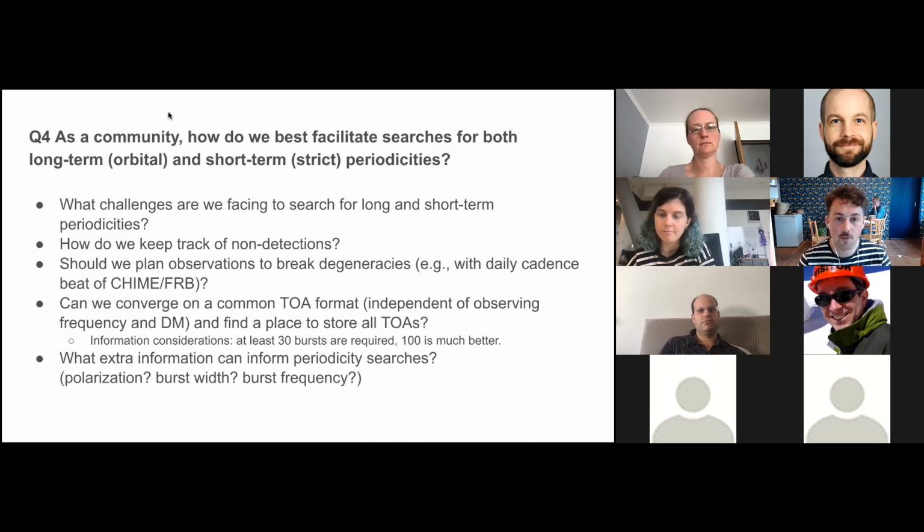We do have the Transient Name Server to report bursts, and if someone builds a database that is easy to use, would everyone be comfortable submitting all of their exposure to this database to aid these periodicity searches, or maybe do this for a small number of sources that we agree upon that are the most interesting for this?